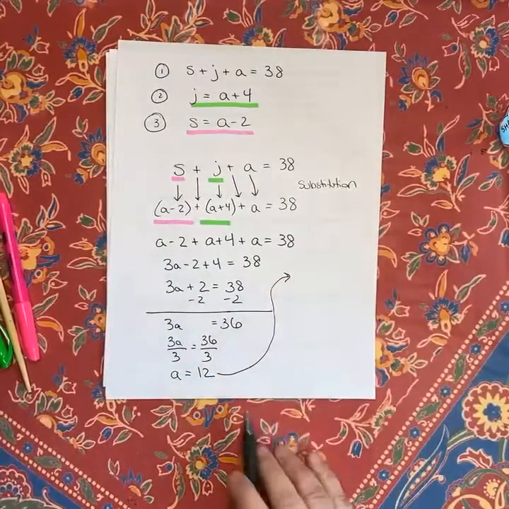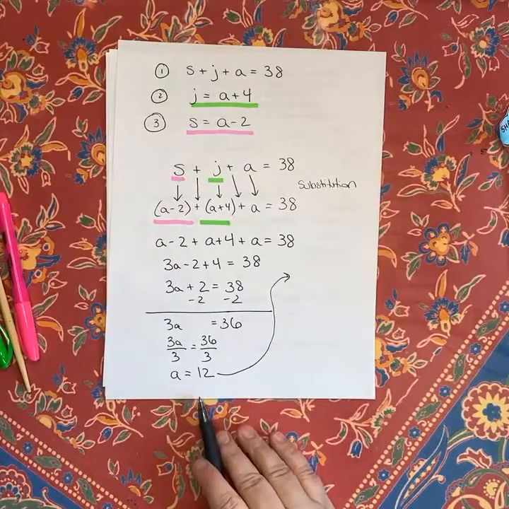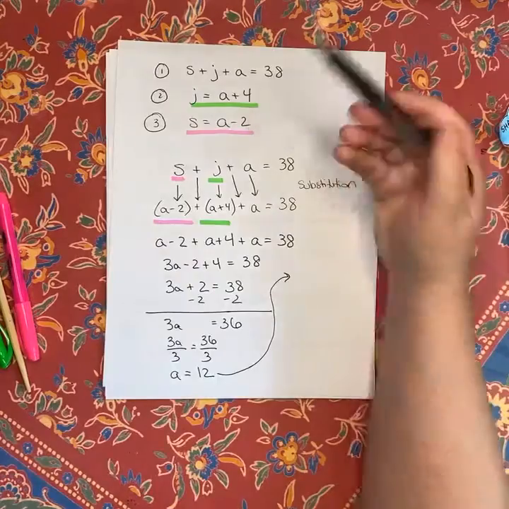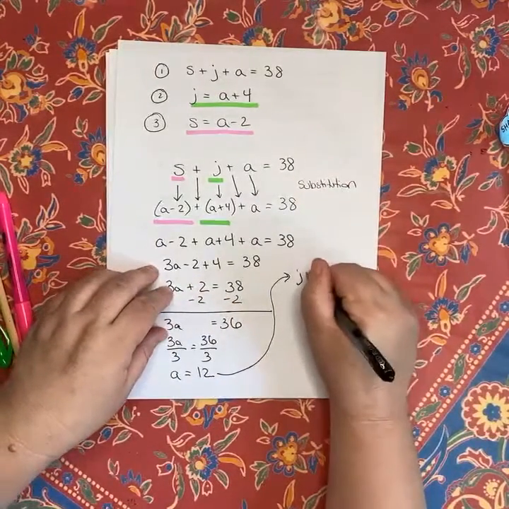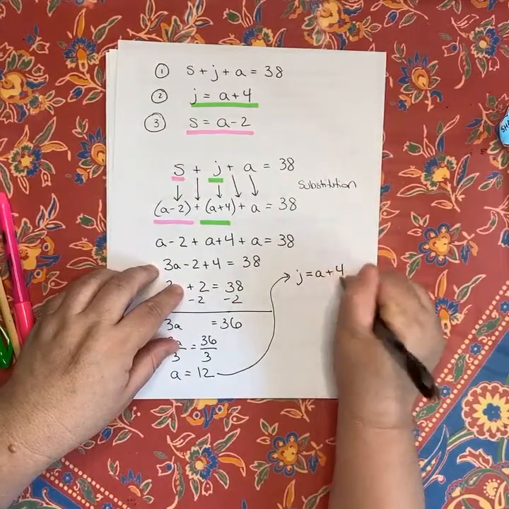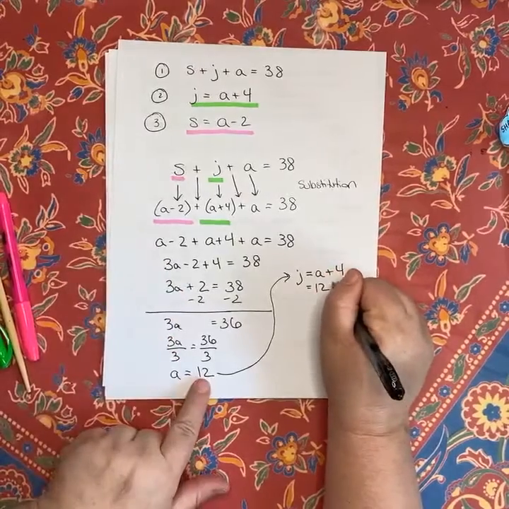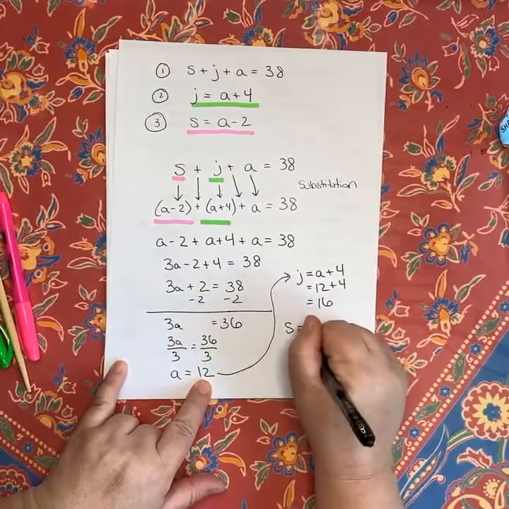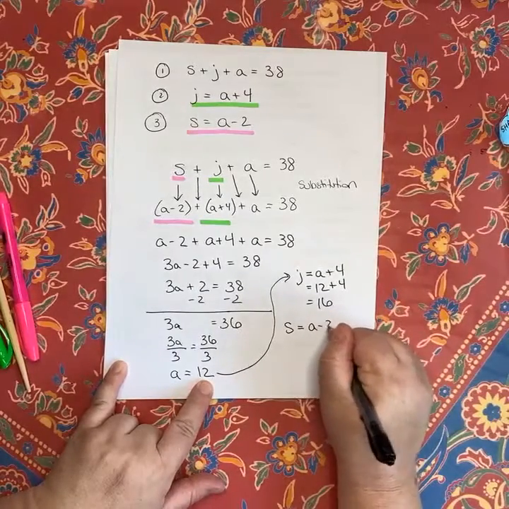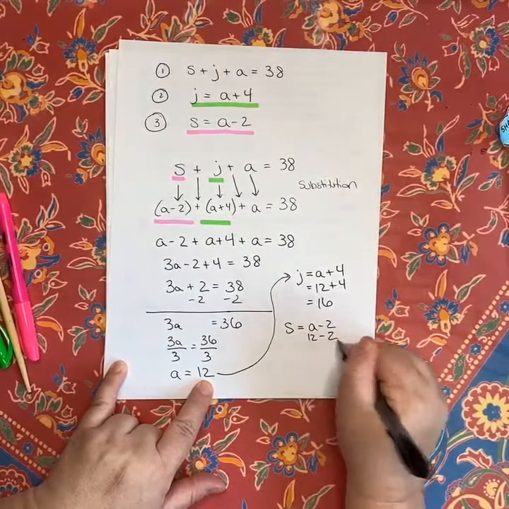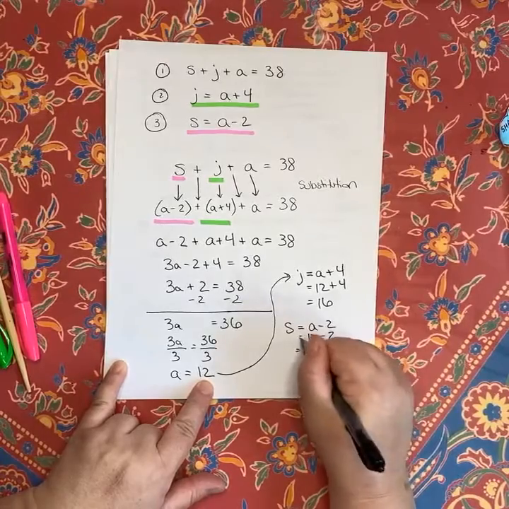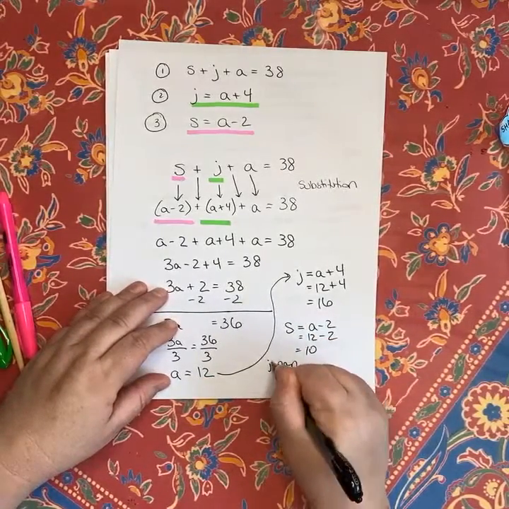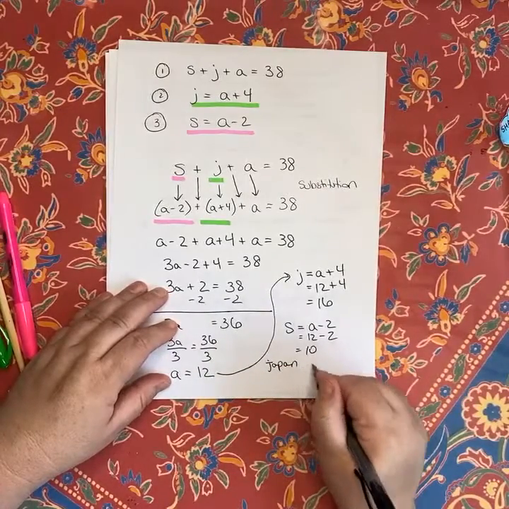Now, if I know Australia was 12 weeks, how do I find the other countries? Japan was A plus 4, which is 12 plus 4. And then Sweden was A minus 2, so that's 12 minus 2, which is 10. So Japan, I use capital J, sorry.